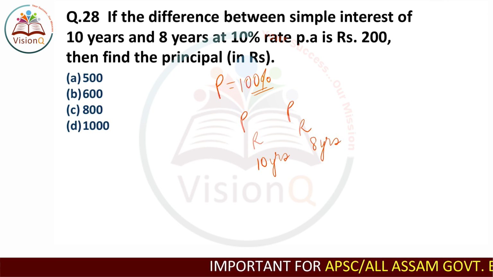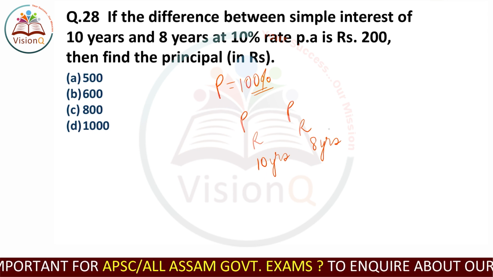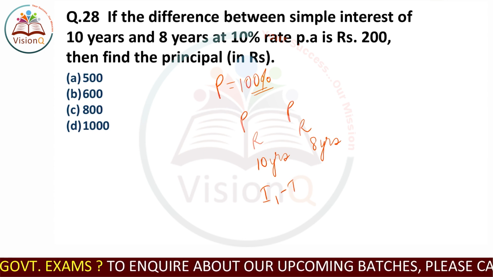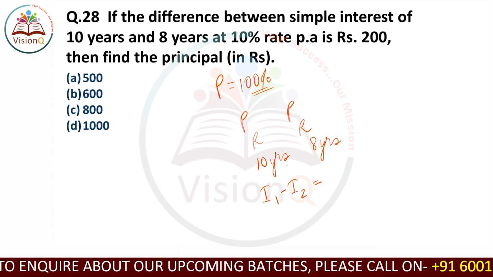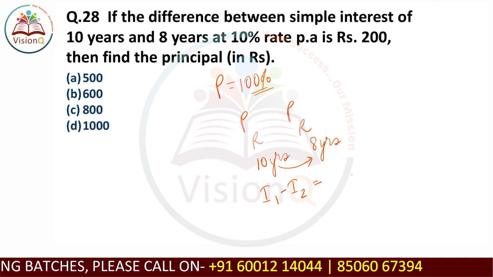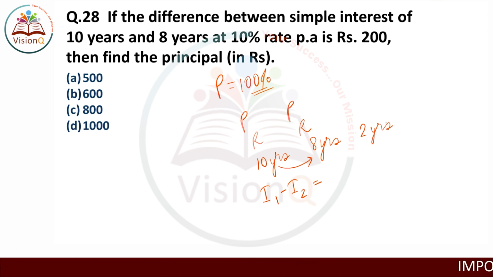So, if P is the same and R is the same and time is different, then this difference of interest, that means I1 minus I2, will be because of this time difference only, isn't it? So, 10 years minus 8 years is 2 years. So, in 2 years, every year interest is 10%.